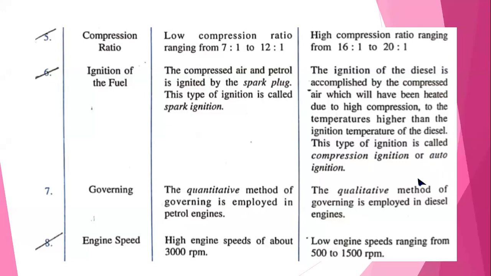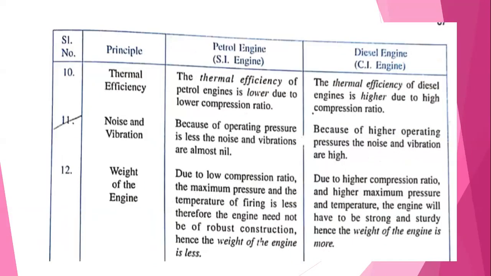That is the qualitative method used for control of the diesel engine. So for petrol it is quantitative and for diesel it is qualitative. Controlling or governing of the engine is very much essential.